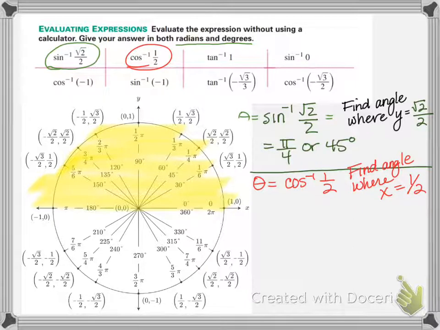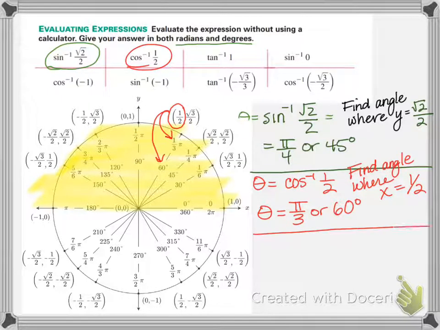If we look, we find that the x is positive half here in the first quadrant, and we look to find the angles that are assigned in both radians and degrees, and it's pi over 3 or 60 degrees.